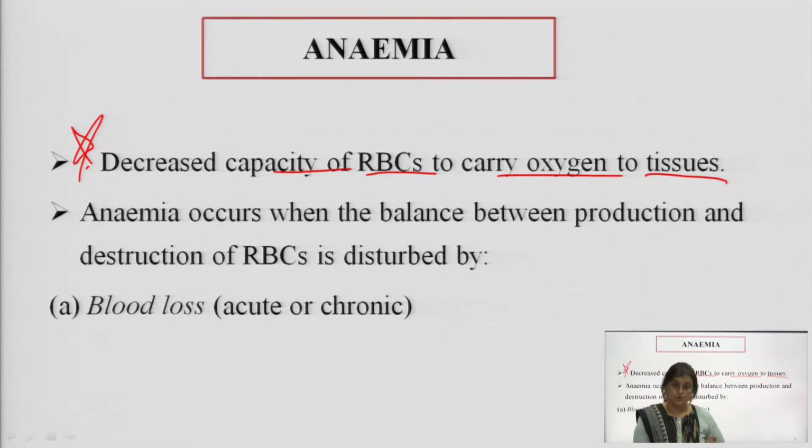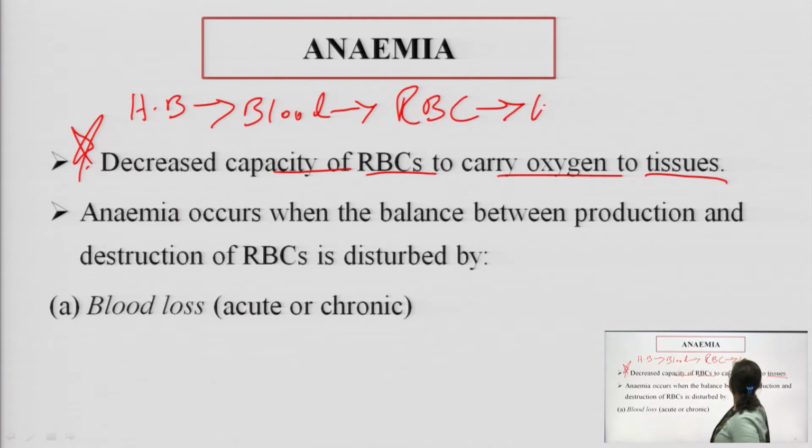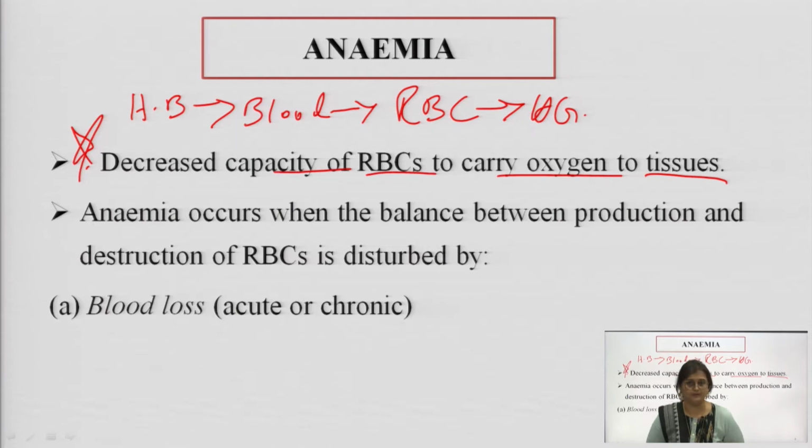What is this hemoglobin? The human body contains blood, blood contains RBC, and RBC contains hemoglobin. This hemoglobin is a protoporphyrin structure. It carries iron.